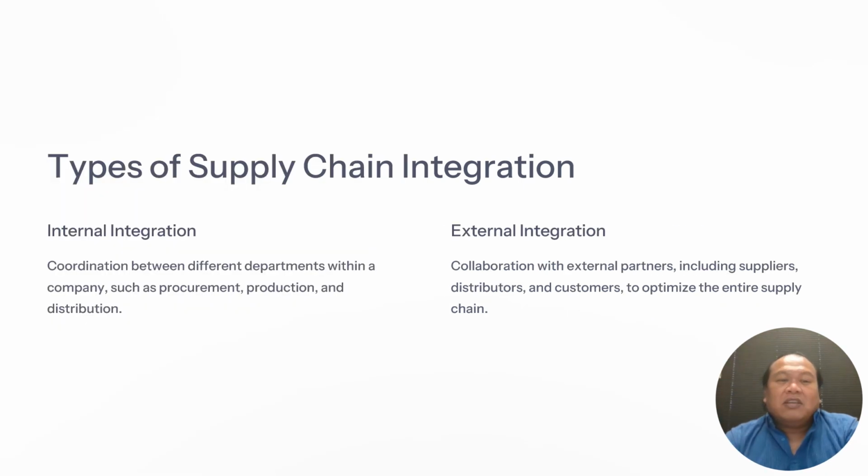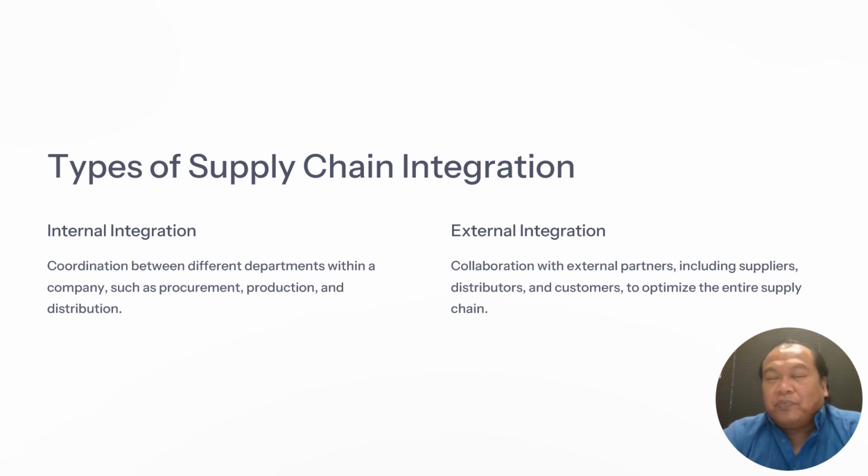Now, types of supply chain integration: we have internal integration, of course. There's also external. From their words, internal means it's within, external means outside, which means it involves other parties. So internal integration is the coordination between different departments within the company, such as procurement, production, and distribution.